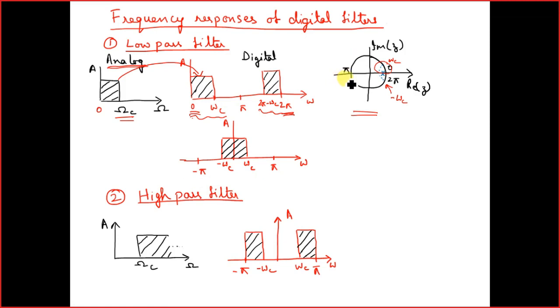Where is minus pi? Minus pi is here, 0 is here. As we go in the negative domain, at this point, at z equals 1, we have frequency components pi and minus pi both, right?